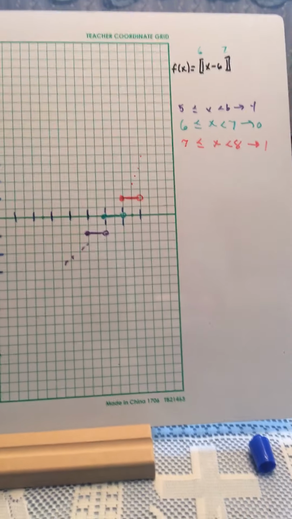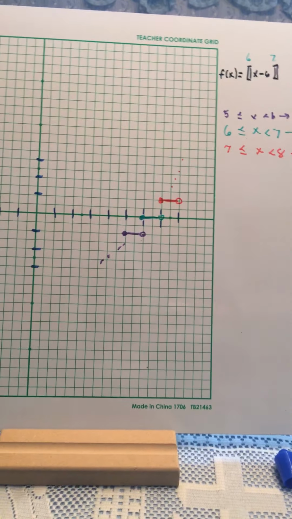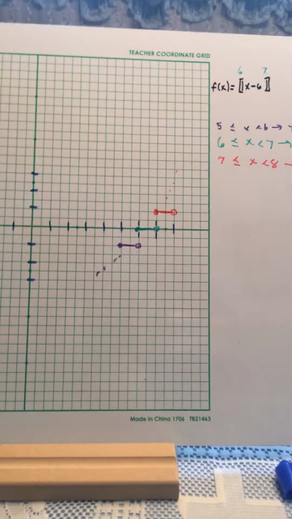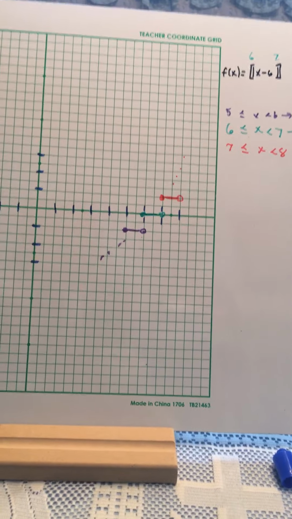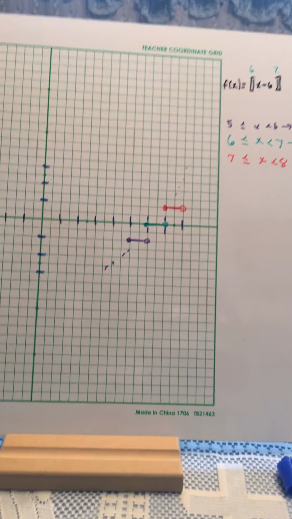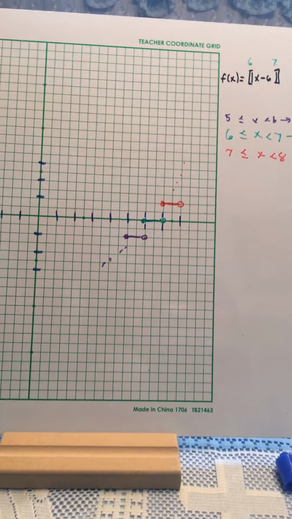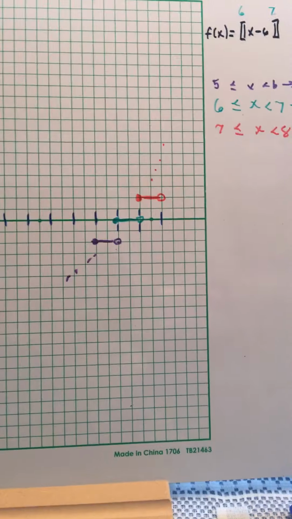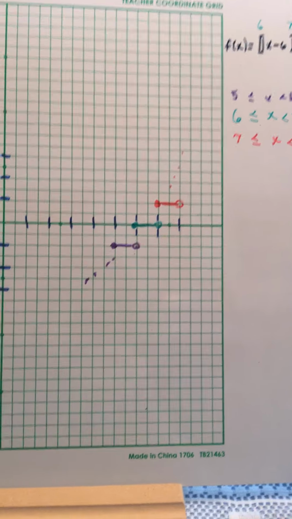And so this is how you do the greatest integer. Notice they're all going to look similar to each other. You have 6 of these to do, 3 where I say x plus a number, and those will all be over here, and then 3 with x minus a number, and they'll all be on this side.